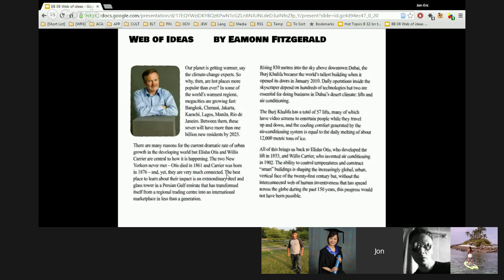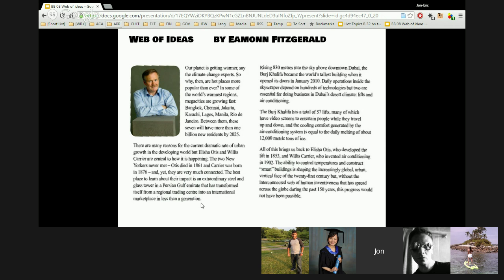Yes. The best place to learn about their impact is an extraordinary steel and glass tower in a Persian Gulf emirate that has transformed itself from a regional trading center into an international marketplace in less than a generation.